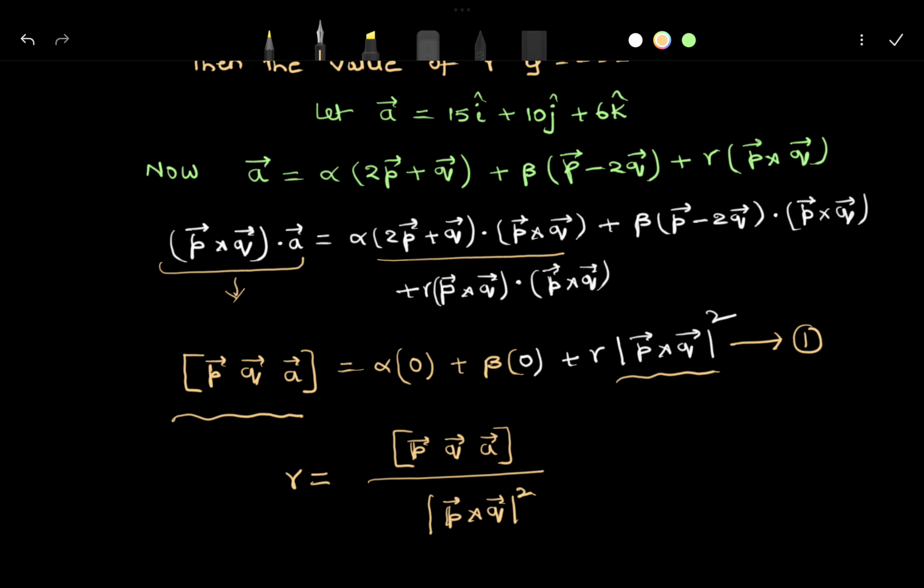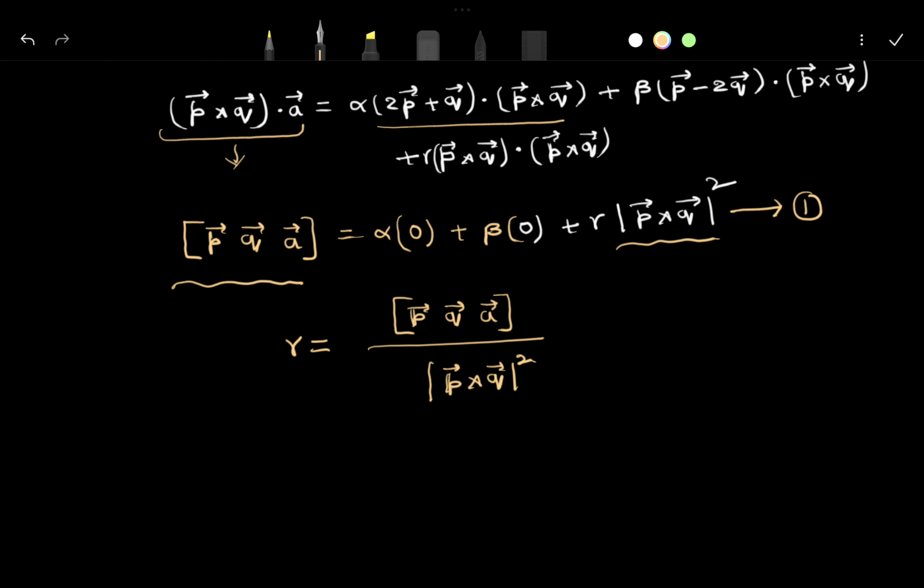So this is the value. Now it is very simple. You know what the box of P bar, Q bar, A bar is? You find out the box of P bar, Q bar, A bar.